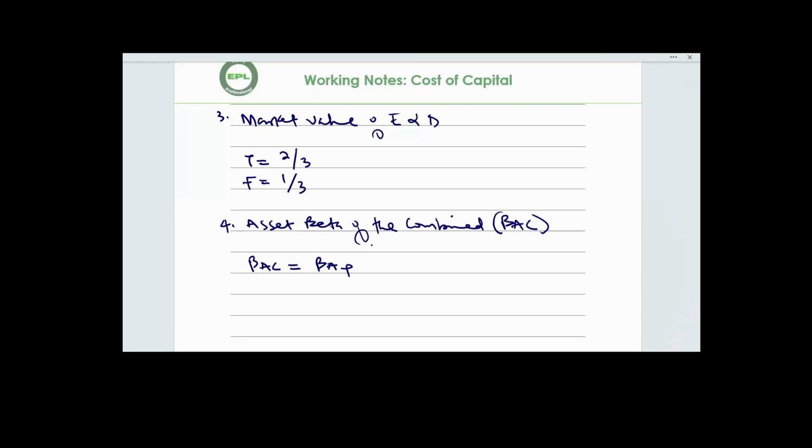So I will say beta asset of the training services multiplied by total market value of training over total market value of equity and debt of training and financial service on one side, plus, open a bracket, beta assets of financial service multiplied by total market value of equity and debt of financial service divided by total market value of equity and debt of training and financial service.